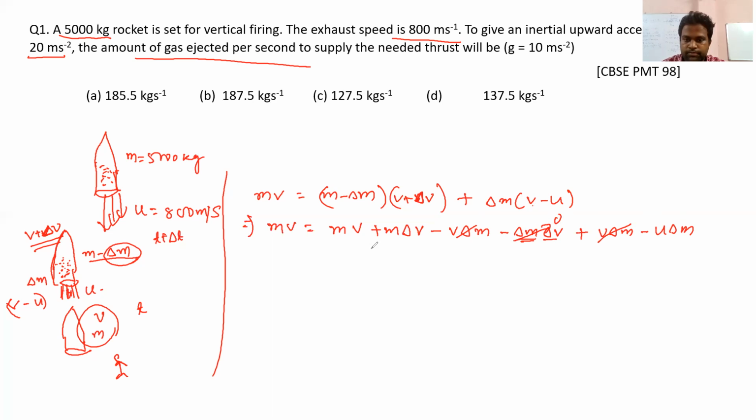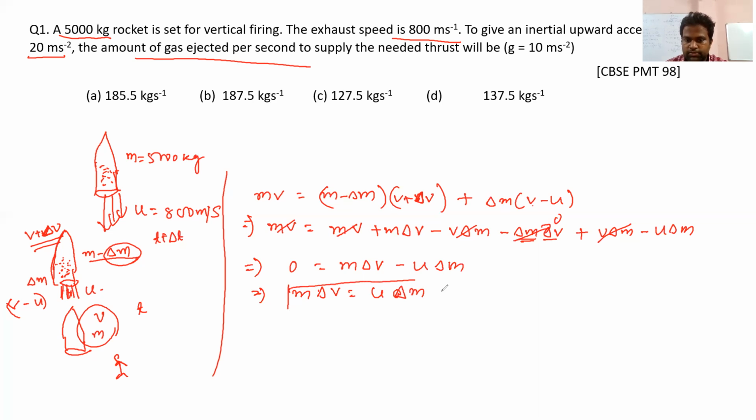So what will remain? The mv will cancel out. So the terms that remain are 0 is equal to m delta v minus u delta m, or you can write m delta v is equal to u delta m.